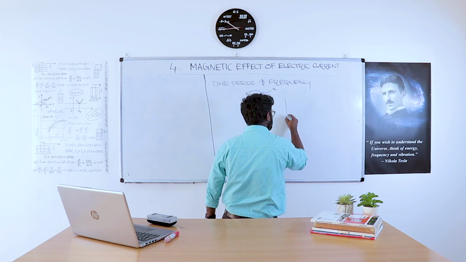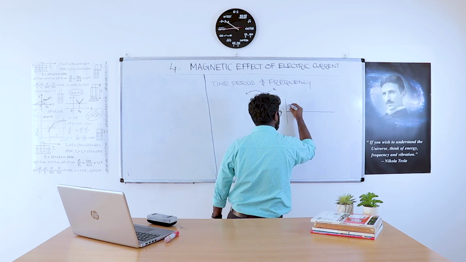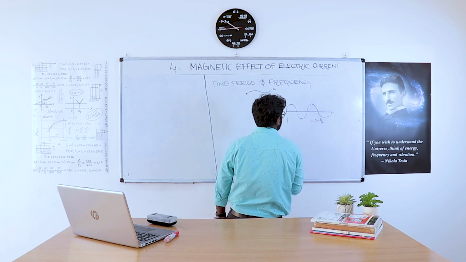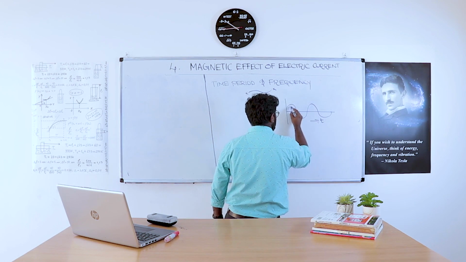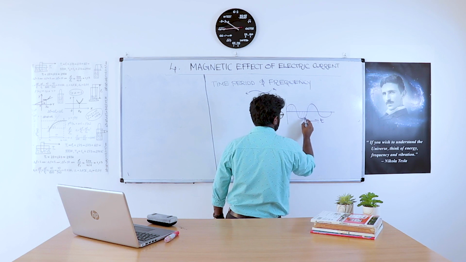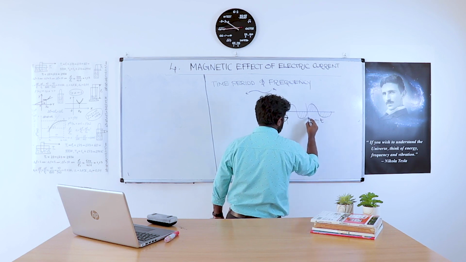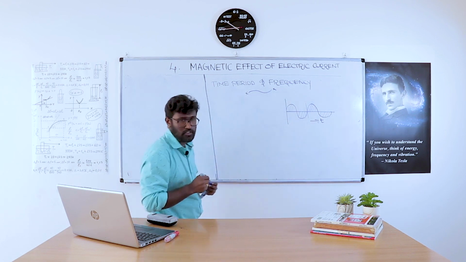Here the pictorial representation of AC consists of a positive half cycle and a negative half cycle. So this is the positive half cycle and this is the negative half cycle of AC. This is the positive half cycle and this is again the negative half cycle. One positive half cycle and one negative half cycle constitute one cycle.